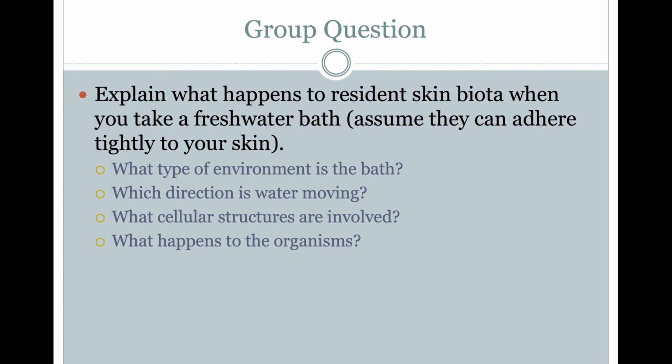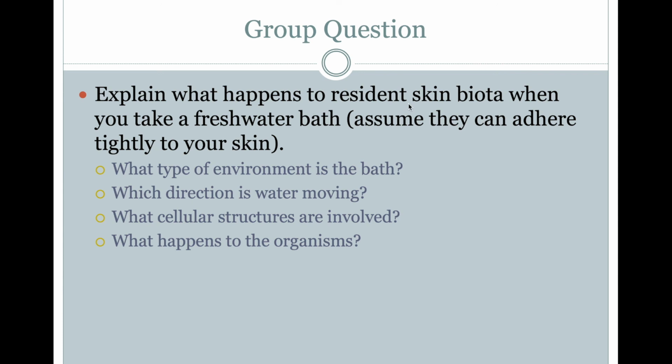In this discussion question, you really just need to think about all of these scenarios. So, freshwater bath, you should think back to those different examples we just gave, and we know that this is very similar to the pond water, which means there's low solutes here. So therefore, it is a hypotonic environment.